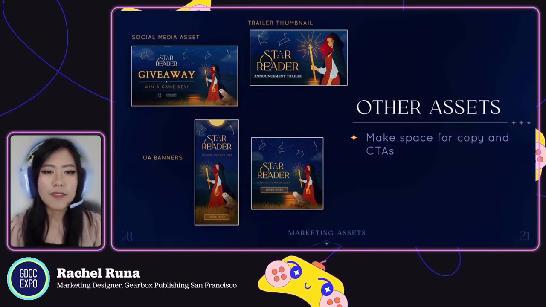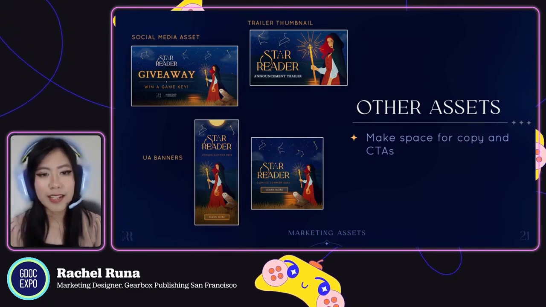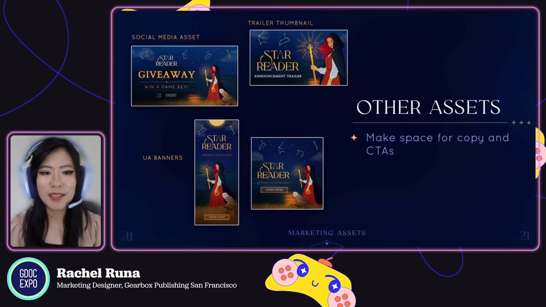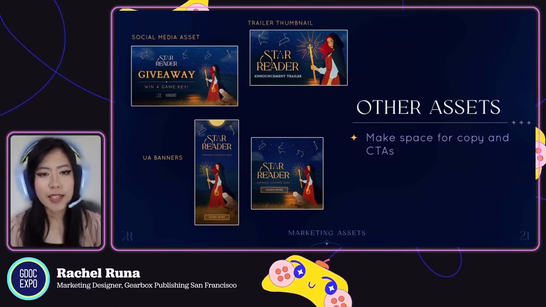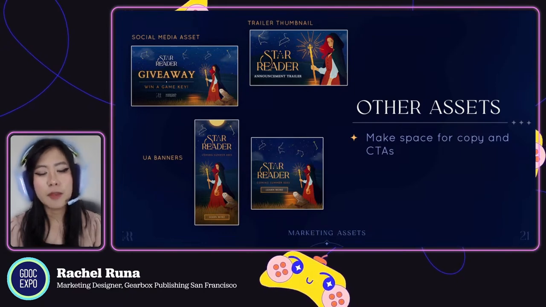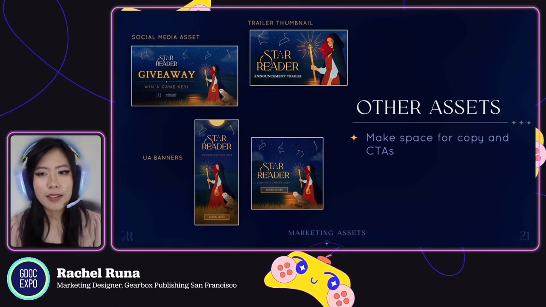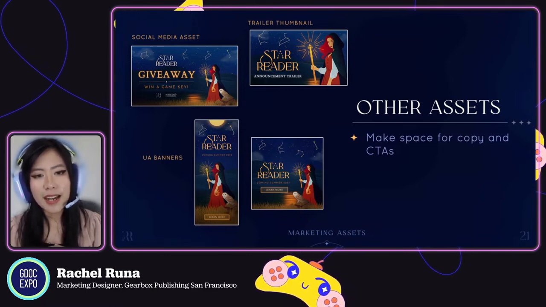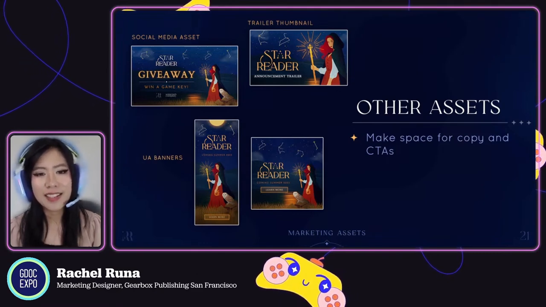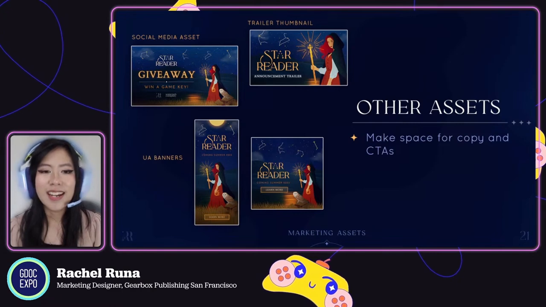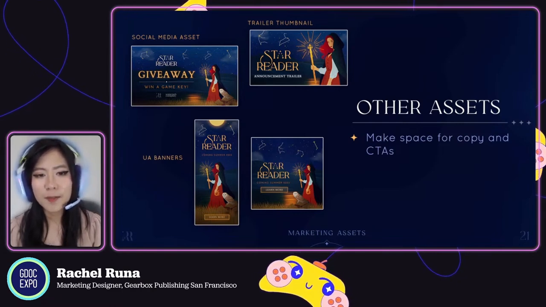Of course, we want to have the logo of the game there so that whoever's looking at it can see that this is for that game. I put giveaway in very big text so that people know what this is all about. And this is very me, but I cannot have something just say giveaway. I need there to be some more copy so that people know what it is being given away.